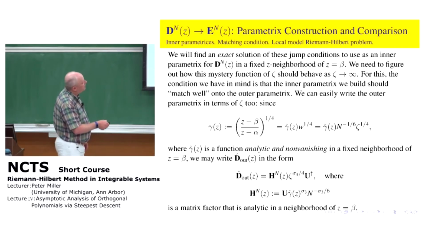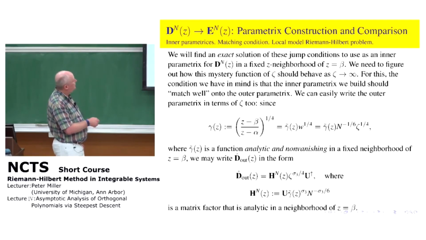So let's write the outer parametrix in terms of this zeta as well. Here's gamma of z, the thing in the middle of the definition of the outer parametrix: (z minus beta over z minus alpha) to the 1/4. You can write that as gamma tilde of z times w to the 1/4, where gamma tilde is a function analytic and non-vanishing in some fixed neighborhood of z equals beta.